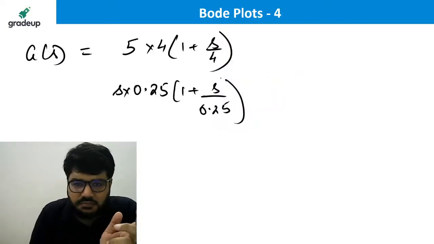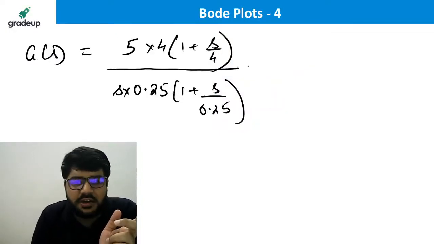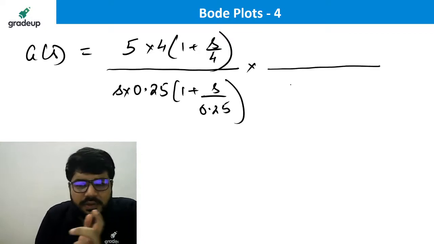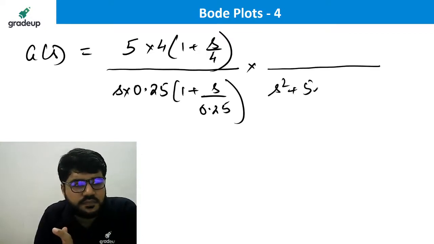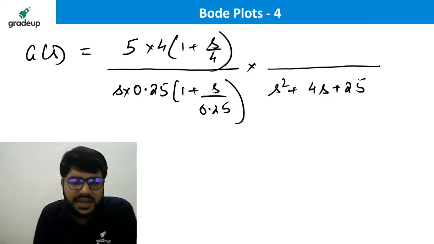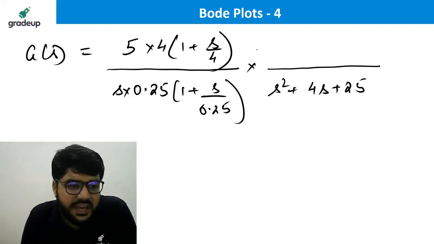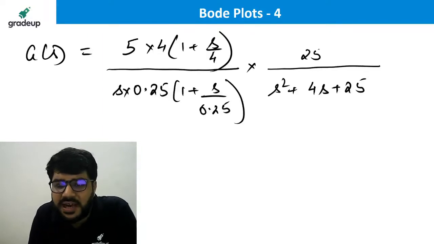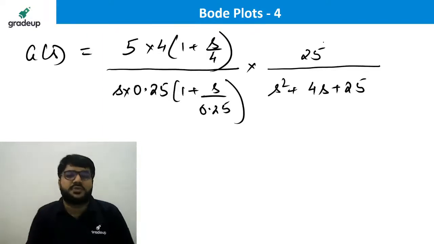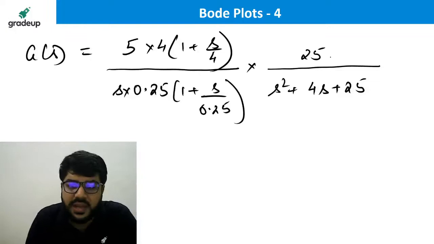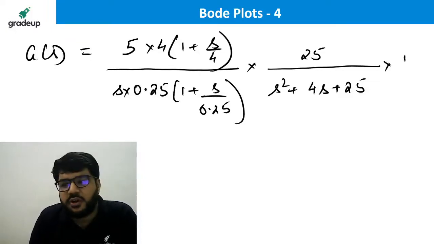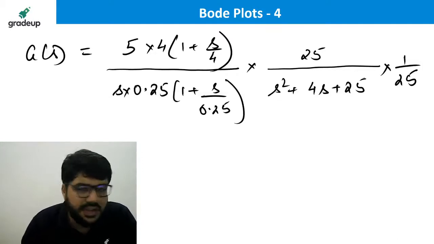And how should I write the second order term in the standard form? See, it is in the denominator as s square plus 4s plus 25, but the derivation of the second order has been done by keeping the standard transfer function omega n square upon s square plus 2 zeta omega n s plus omega n square. So there isn't any 25, so I also need to multiply and divide by 25. So 25 into 1 by 25 will nullify each other.